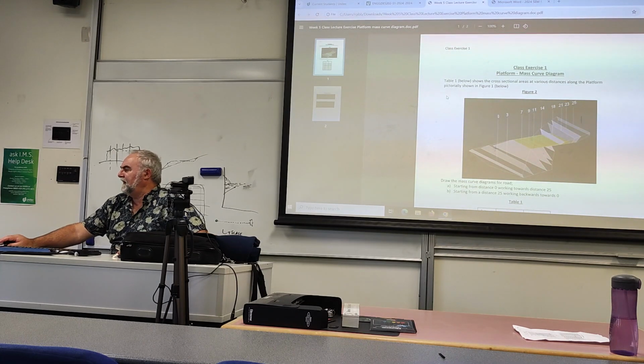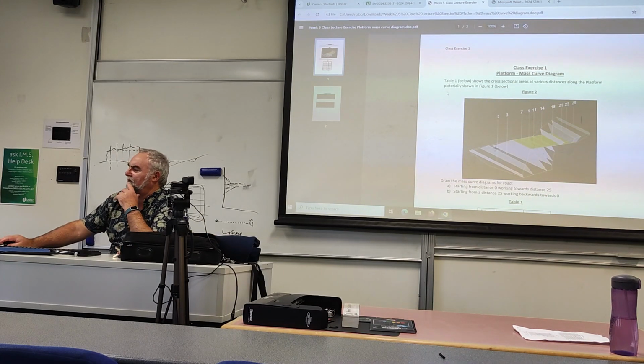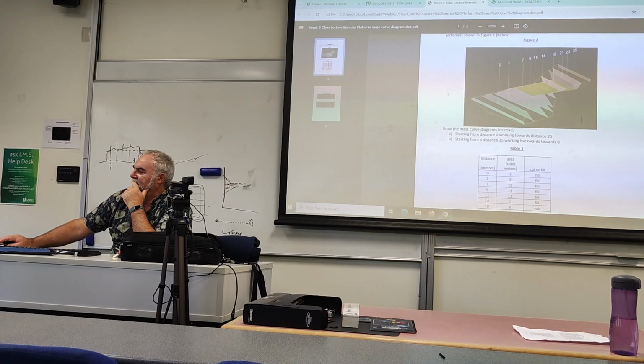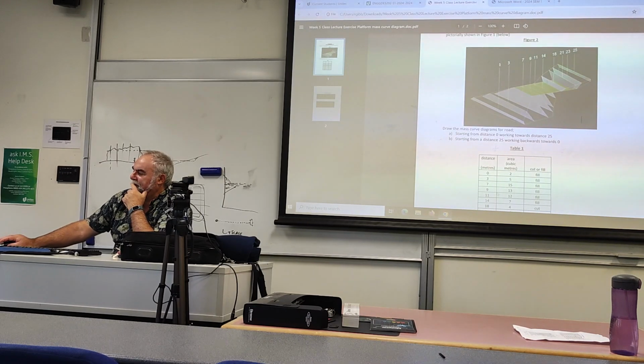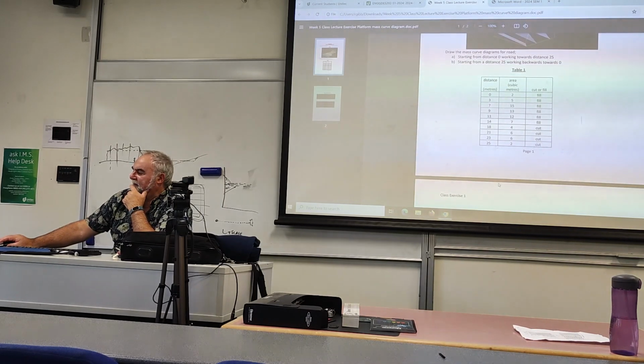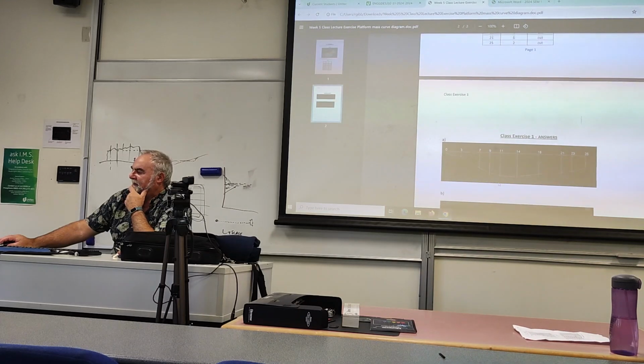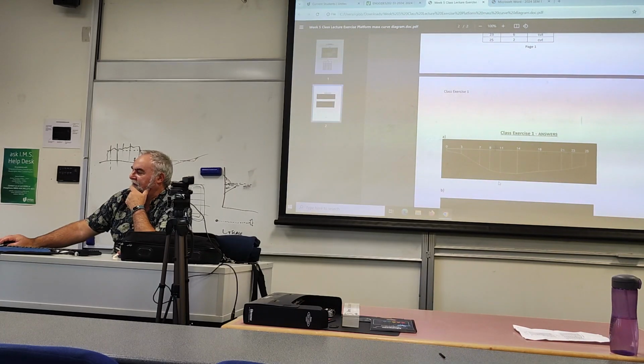I've done this exercise before during the labs, but I'll put some square metres beside these distances, and this is what it looks like on the mass curve diagram.